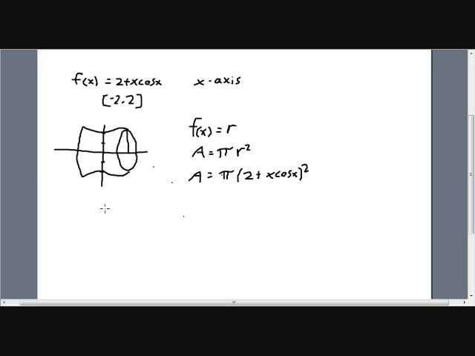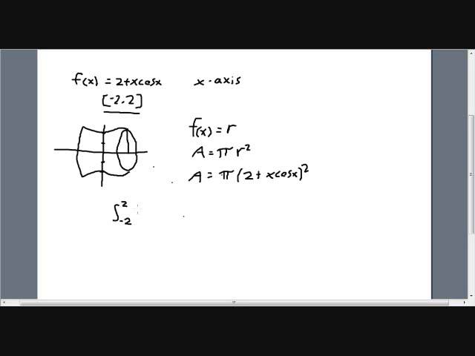The next step in determining the volume of a solid is finding the limits of integration. The problem states that the graph lies on the interval -2 to 2. Therefore, -2 and 2 are our limits of integration.